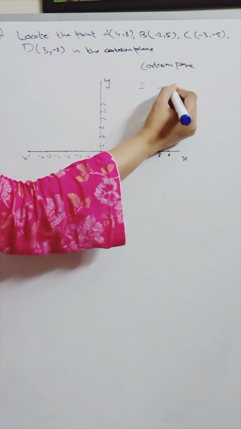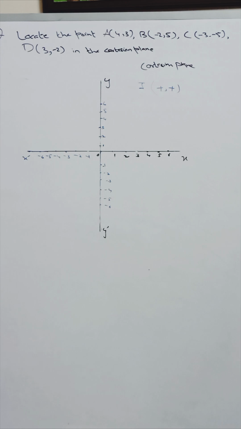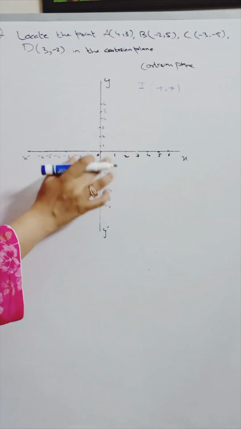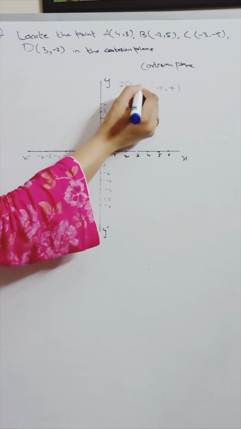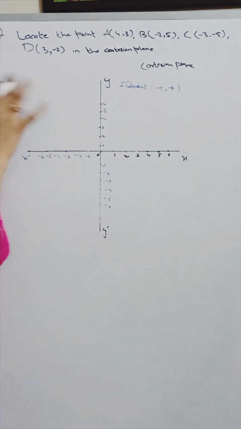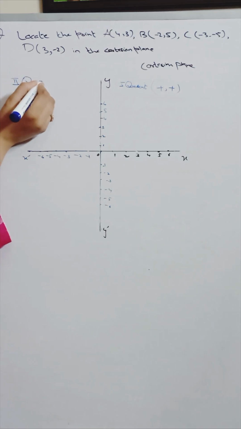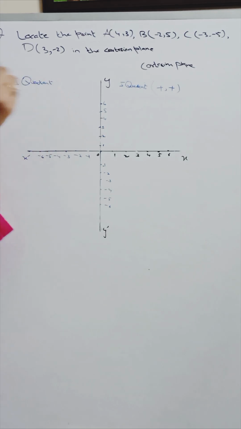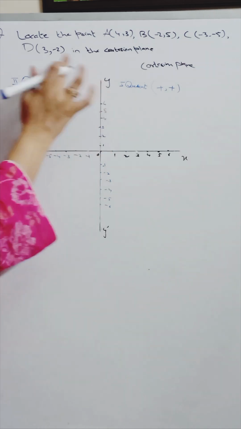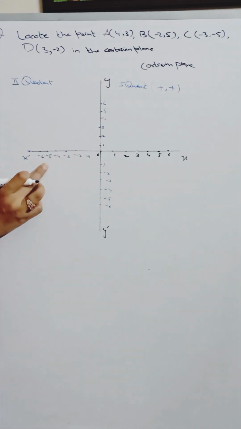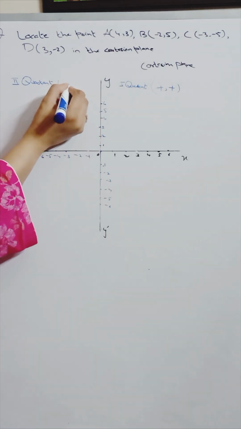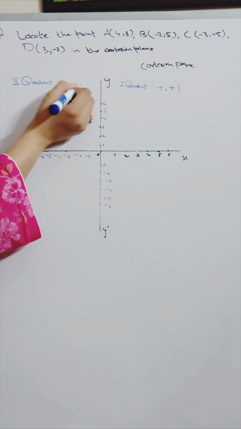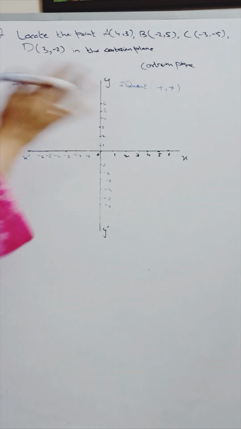For your convenience I write first quadrant here. Now the second quadrant is on the left side, where x is negative and y is positive, because the upward side of y is positive.